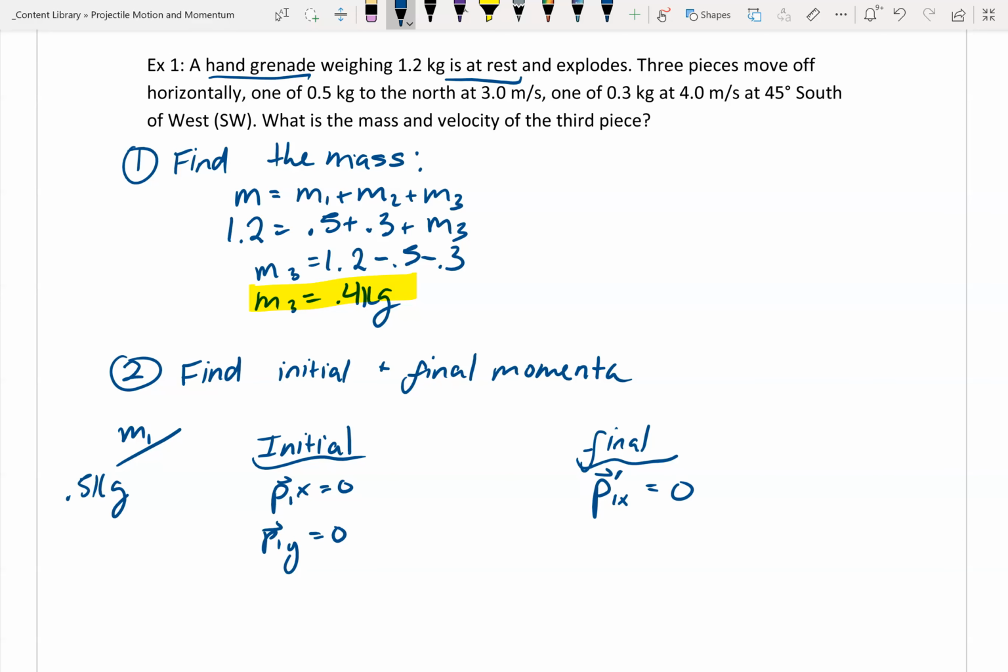But we do have a vertical direction. Remember, P is m times v. So that m is 0.5, our v is 3 meters per second. So our momentum is going to be 1.5 kilograms times meters per second.